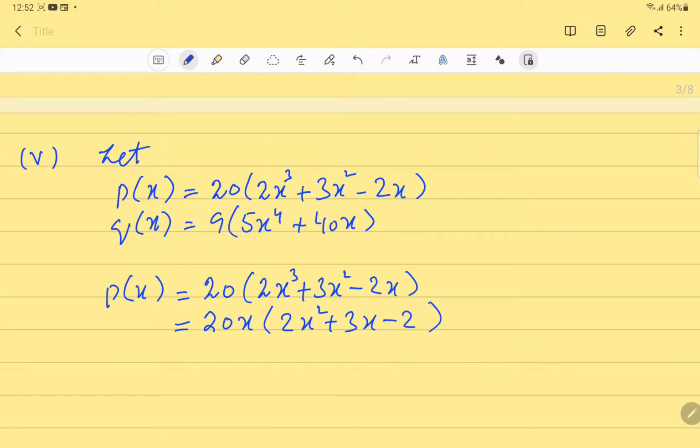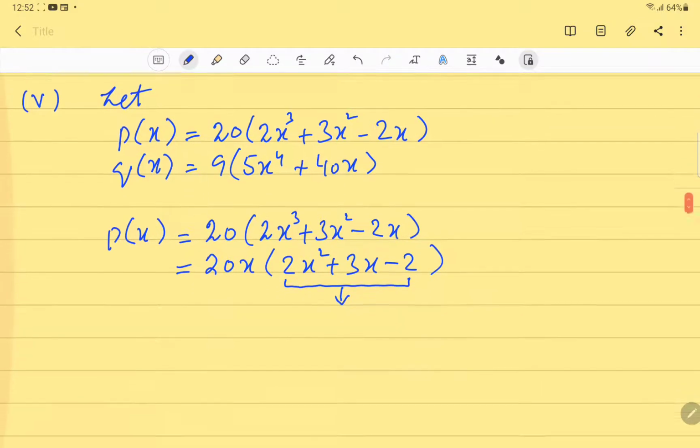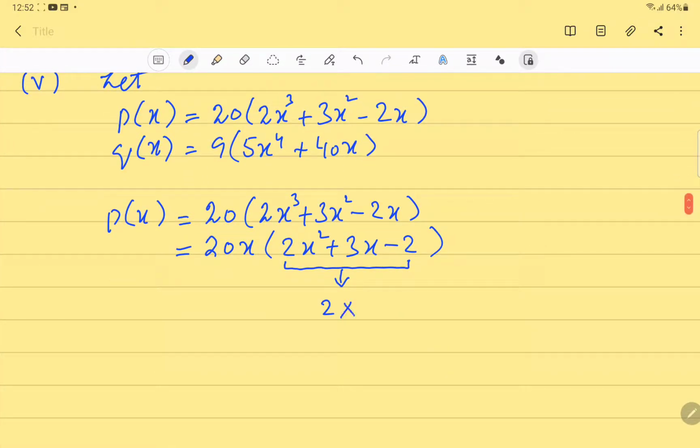Now inside the bracket we have a quadratic expression and we will try to factorize it now. So let's multiply these two. 2 into 2 is equal to 4. We'll write down all possible pairs of factors here, which are 1 into 4 is equal to 4, 2 into 2 is equal to 4.